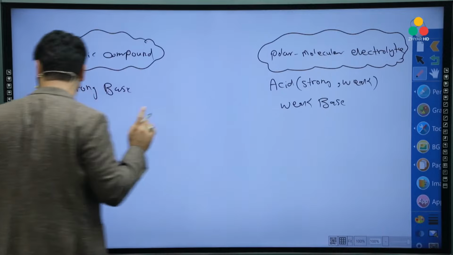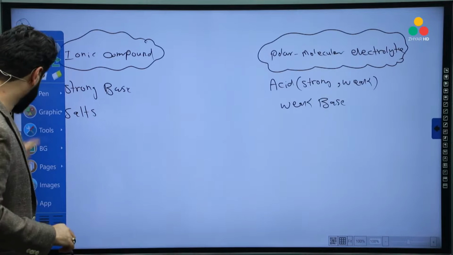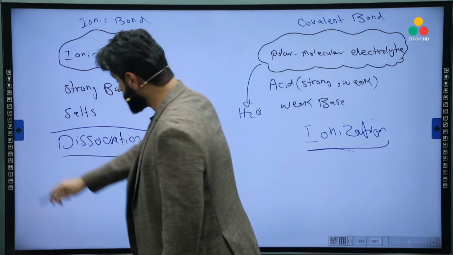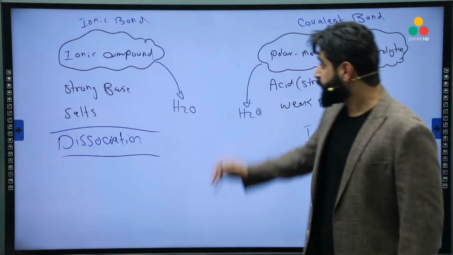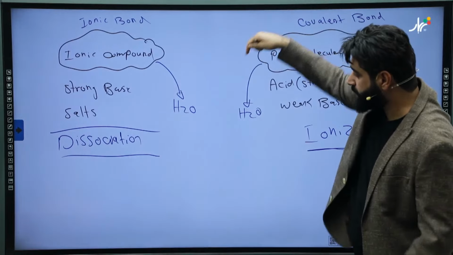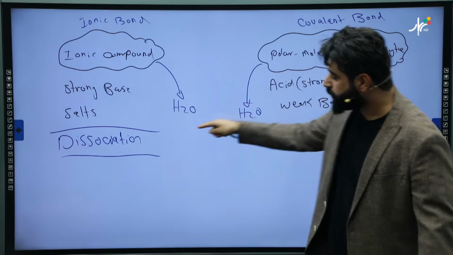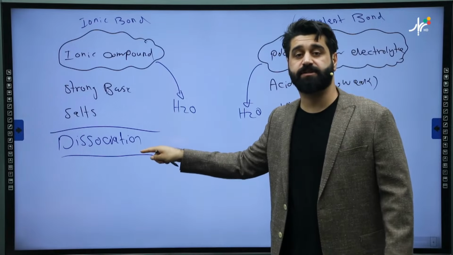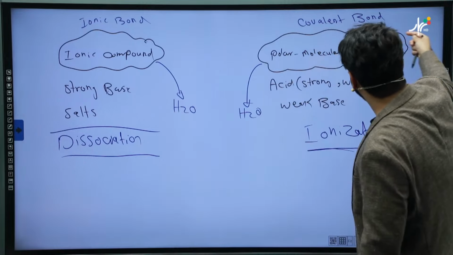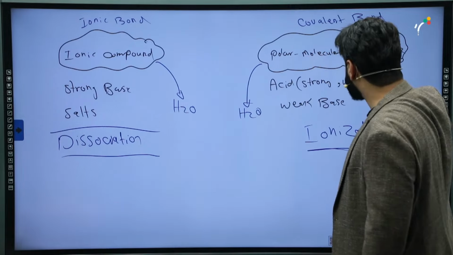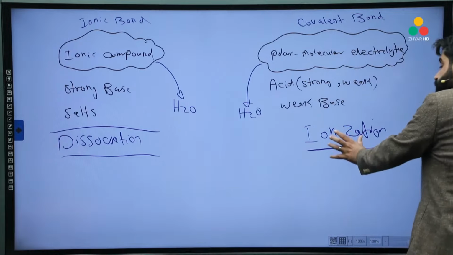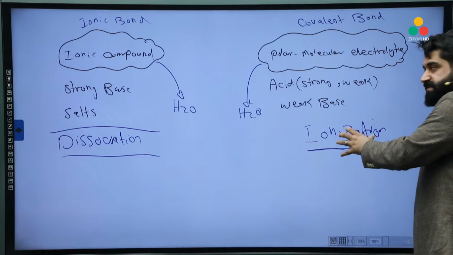Okay, let's see. I'm not finished still. Okay, it's very important. Let's see. That's the point. If we put an ionic compound into water, the process will be dissociation. But if we put a molecular compound, which is an electrolyte, into water, the process will be ionization.